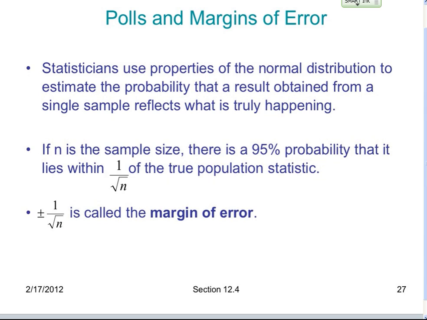In other words, we're 95% certain that the sample represents the population with a slight error. And this is the error called the margin of error.